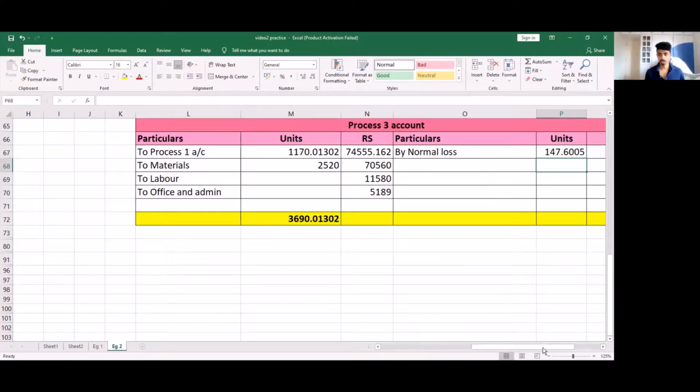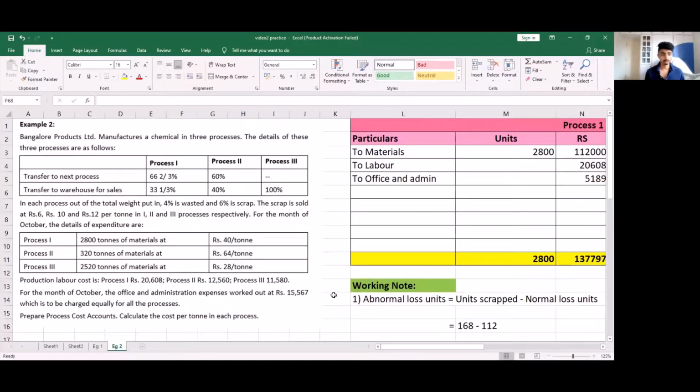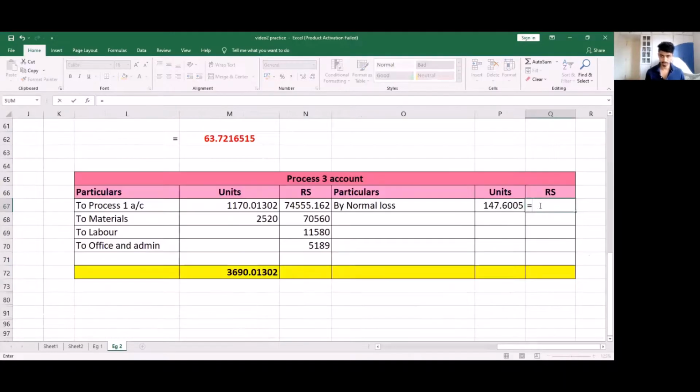This is our normal loss units. And for the normal loss or the scrap value, we have 12 per ton in process 3. So we are going to multiply this into 12. Now coming to by normal loss. So over here we can mention that scrap value is 12.